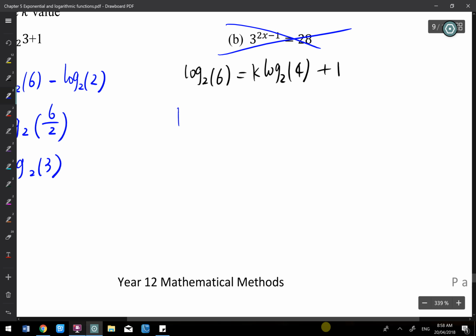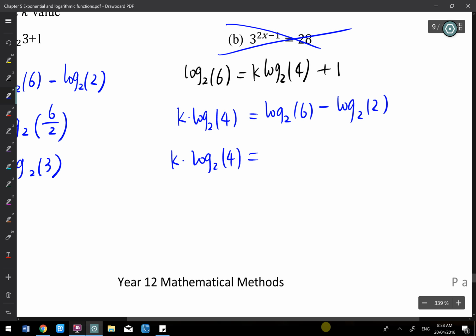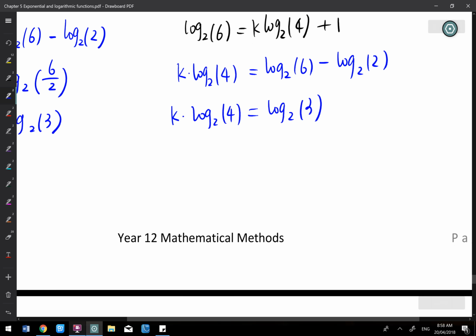Again, k log 2 4 equals log 2 6 minus log 2 2, which is minus 1. So k log 2 4 equals log 2 3. 6 divided by 2, we have 3.